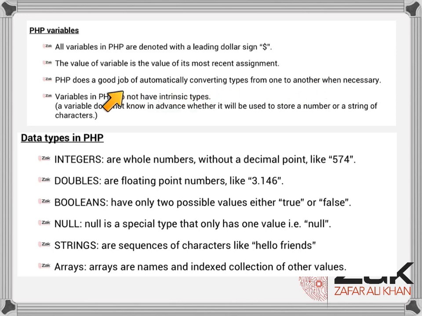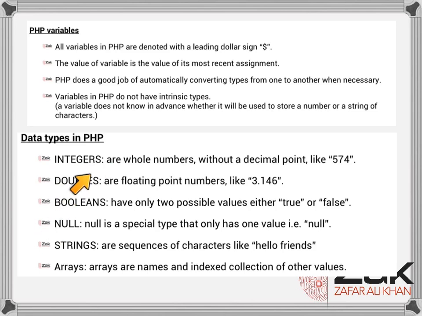So casting happens automatically, like Visual Basic, so we don't have to worry about it. Variables do not have any particular type at the time of declaration, but when you assign a value to them, the type of the variable is determined by the type of the value.